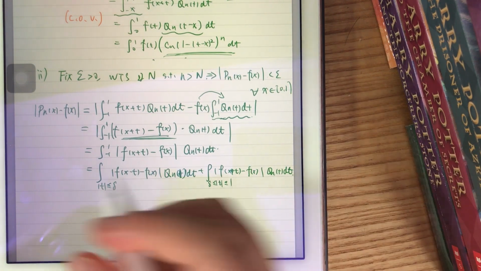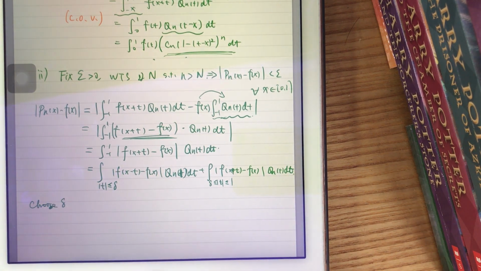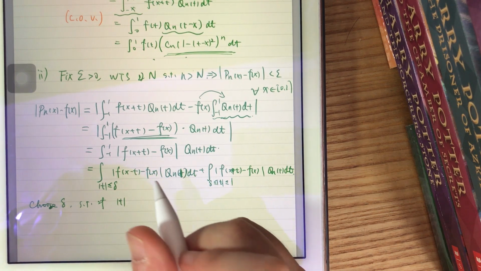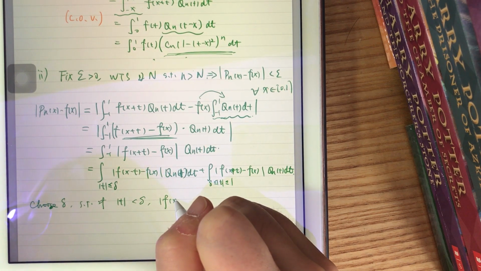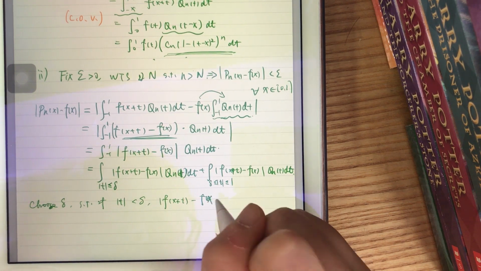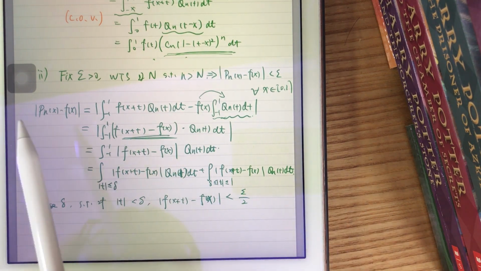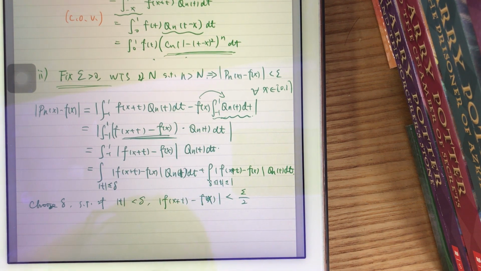Okay, so we can choose a delta because it is uniformly continuous, right? We choose a delta such that if the absolute value of t is less than delta, we have the absolute value of f(x plus t) minus f(x) will be less than epsilon over 2, right? In the beginning of the proof, we fixed epsilon, and now since it's uniformly continuous, we can find such delta, right?